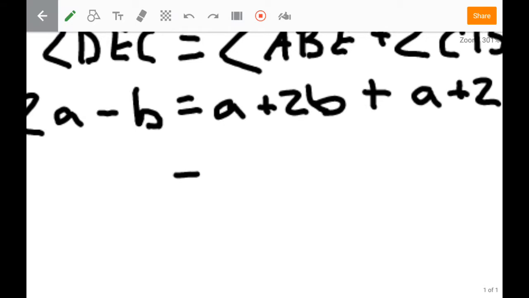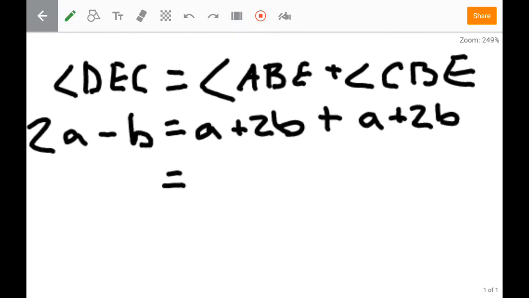Okay, so we can combine like terms on the right. So you have 2b plus 2b, which is 4b. And I should have brought together the a's first. With the a's, we have a positive a there and a positive a here. So that gives us 2a.